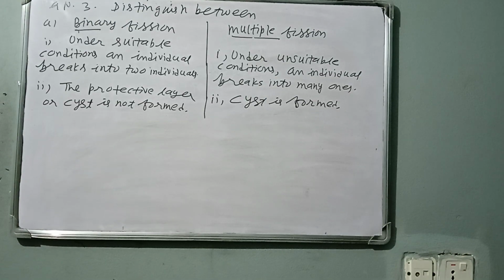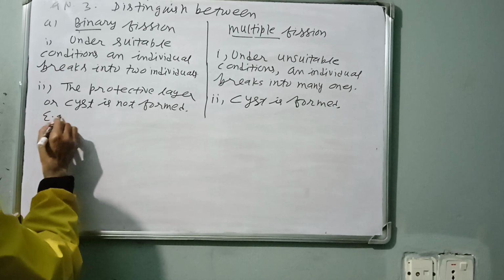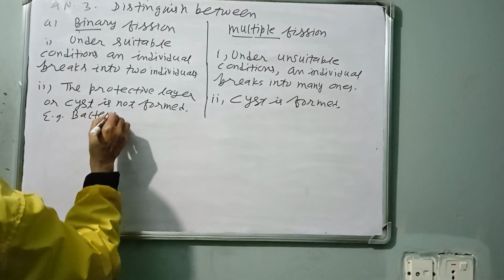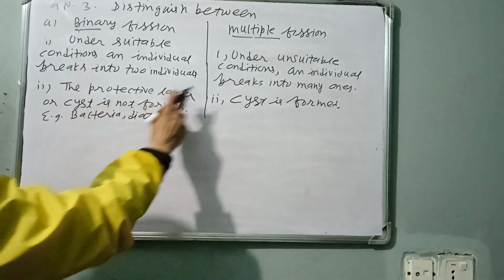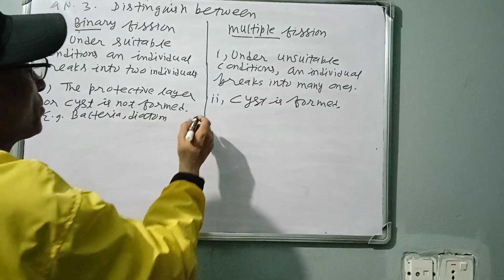Can you give examples of binary fission and multiple fission? Generally, we write for binary fission, no cyst: amoeba, bacteria, diatom. Bacteria and diatom are examples of binary fission. Amoeba reproduces by both binary fission and multiple fission.